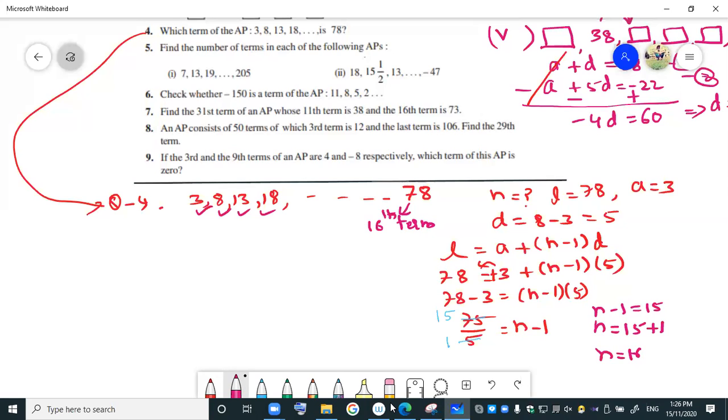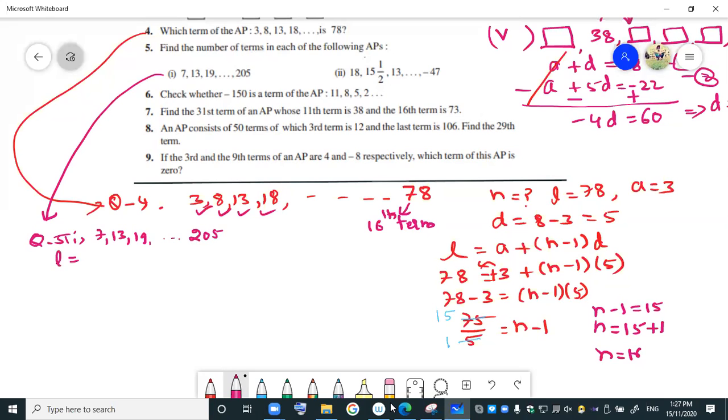So like this, the same question. In question number 5 also we have given the last term. You can see this first part. Here also we have given the last term: 7, 13, 19 up to 205. So the last term is 205.